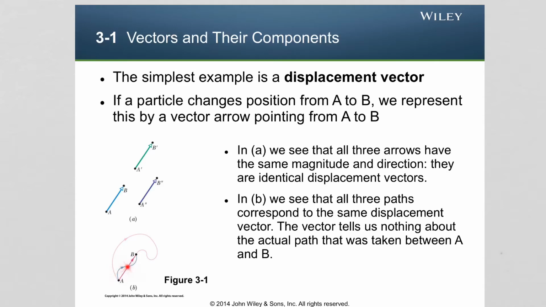For example, one indicated in blue, like so, and another one that's in pink, like so. So the displacement vector doesn't tell us anything about the actual path that was taken between points A and B. The displacement vector only gives us the straight line distance and direction between the starting point, the initial point A, and final point B.